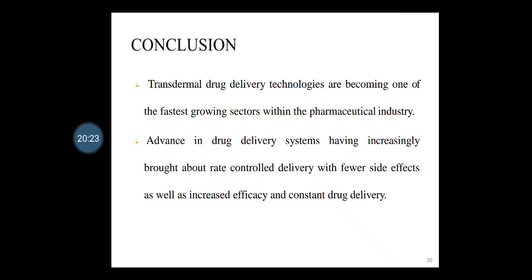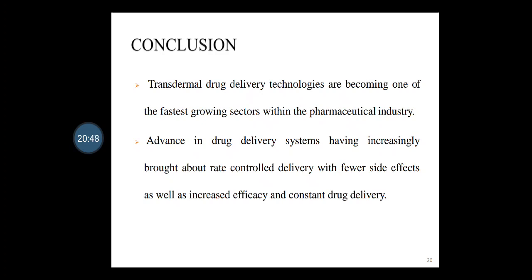Next one is the conclusion, but before I conclude my session, here I wanted to say something related with the physical techniques. There are many physical techniques that can be employed to facilitate the transdermal transport of drug molecules which are inappropriate for passive transport.